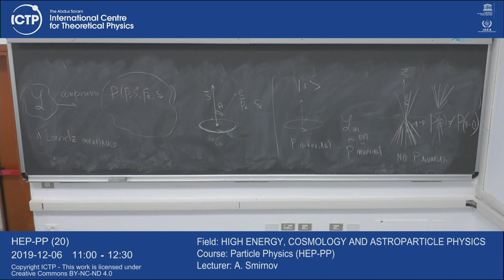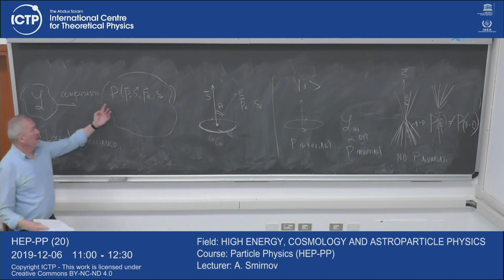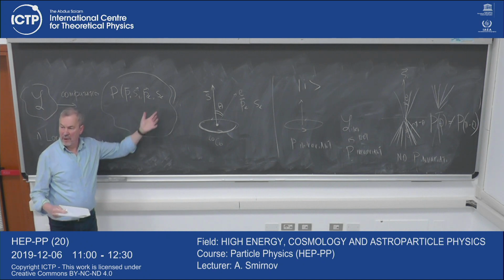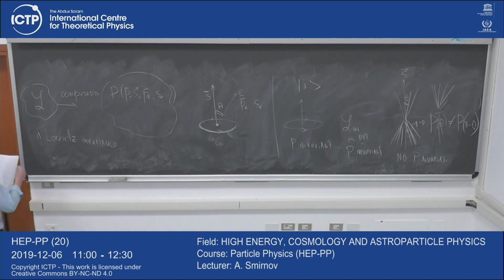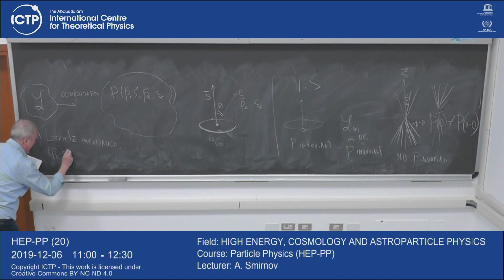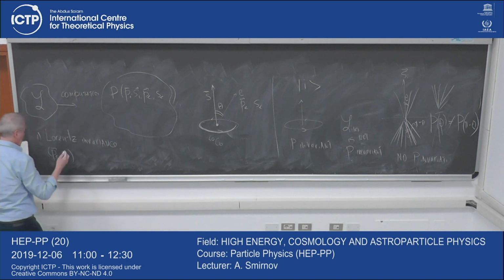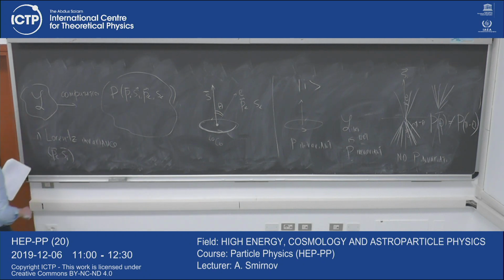This means that probability should depend not in an arbitrary way on these characteristics, but in certain combinations, as the scalar products, like P and spin of nuclei. I don't know, I started to call this nuclei, but we have forward. Let me continue this way.